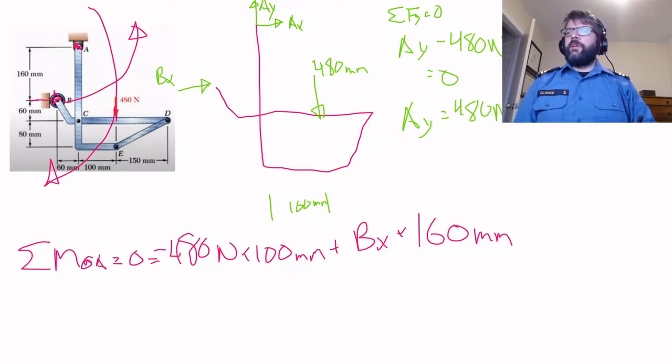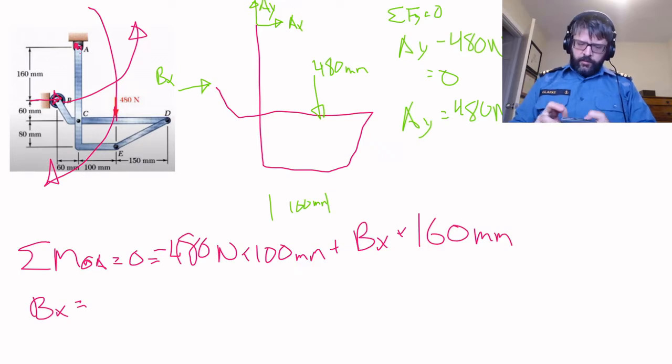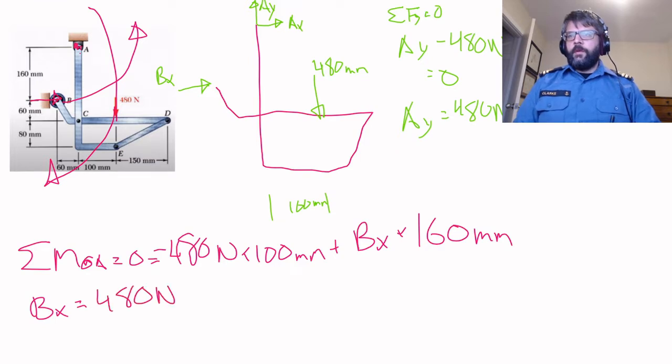From there, it's easy enough to solve for Bx. Bx is equal to 480 newtons times 100 millimeters divided by 160 millimeters.